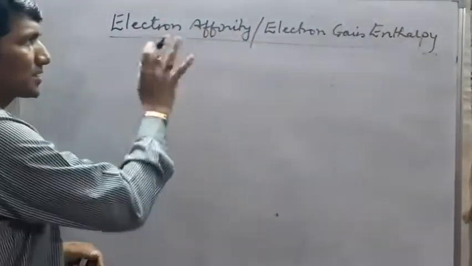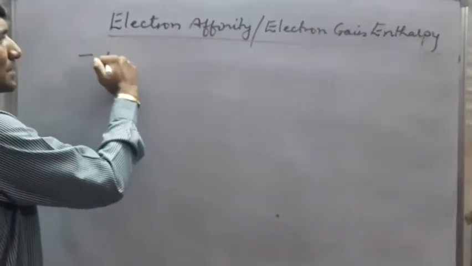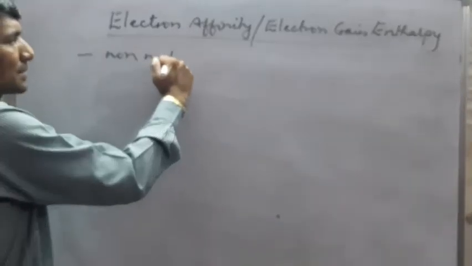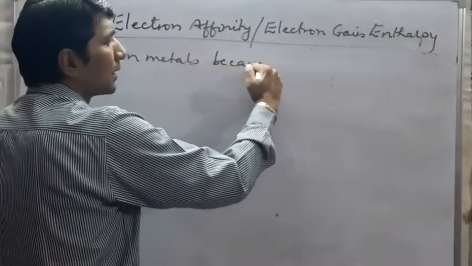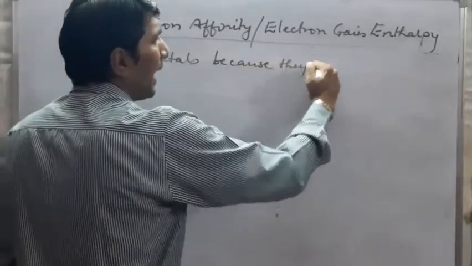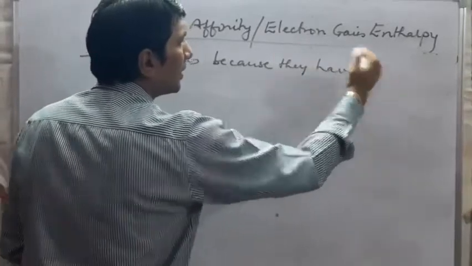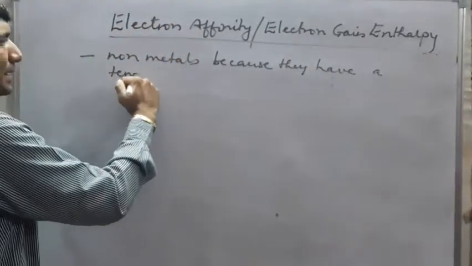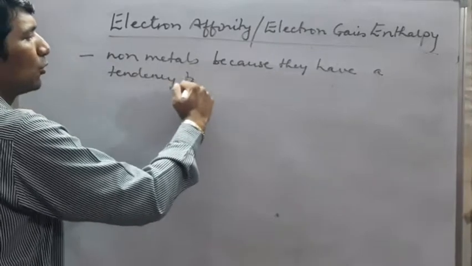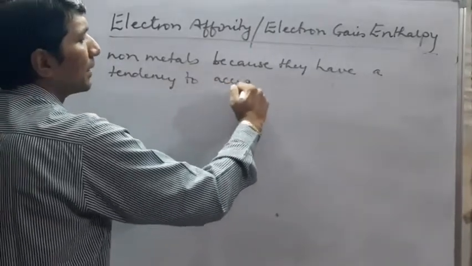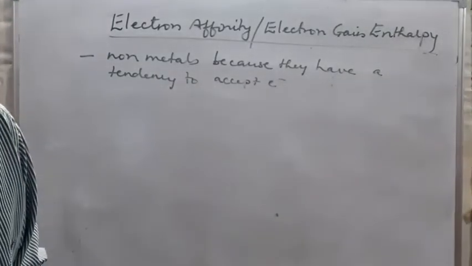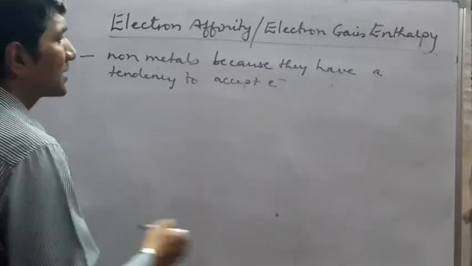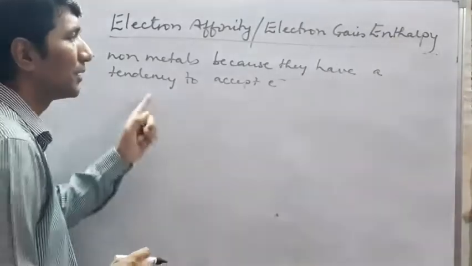First of all, you need to understand that this concept is for non-metals. Why for non-metals? Because they have a tendency to accept electrons. So that is why it is very familiar with non-metals.